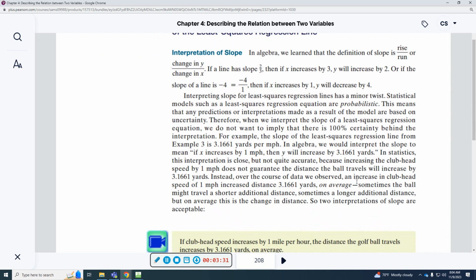It's just a guess. So it says toward the end of the reading, instead we say over the course of the data, an increase in club head speed of 1 increases the distance by this much on average. Sometimes it might go shorter, sometimes it might go longer. So just keep in mind that this is just a guess.